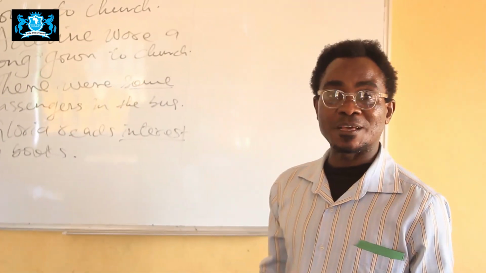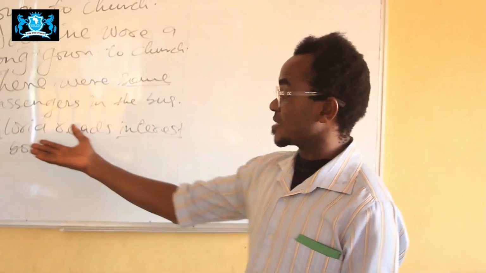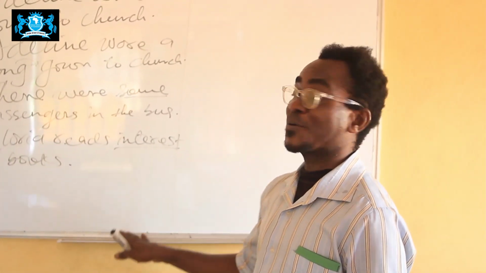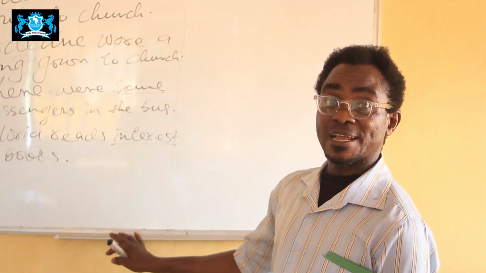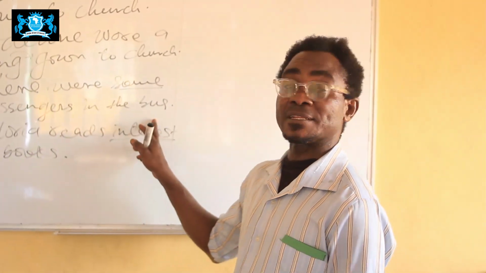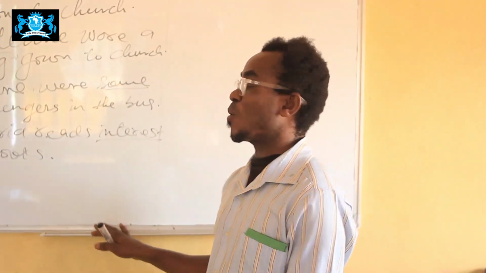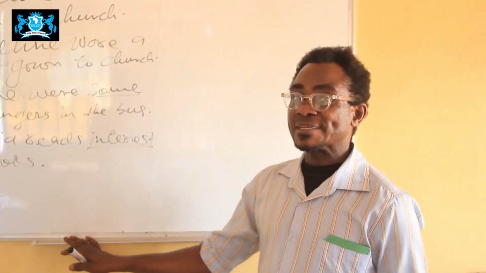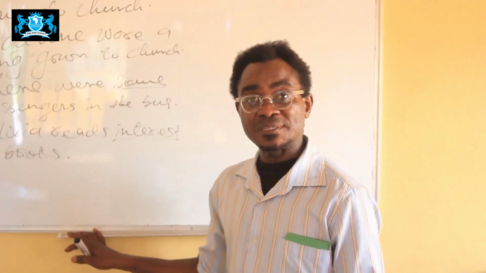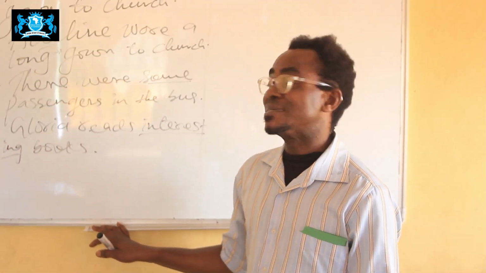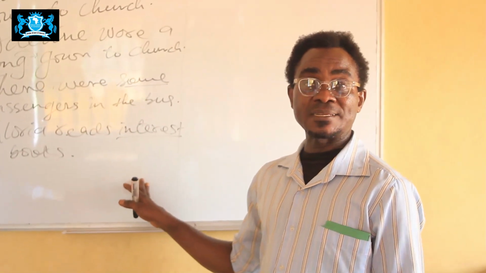Otherwise, we can do without them and still make our sentences. For instance, sentence 3 can read, Gloria reads books. We can say Gloria reads books correctly without including the extra word interesting. It is only when it becomes necessary to answer the question, what kind of books does Gloria read? That's why we say interesting books.